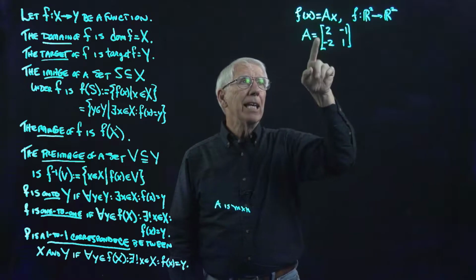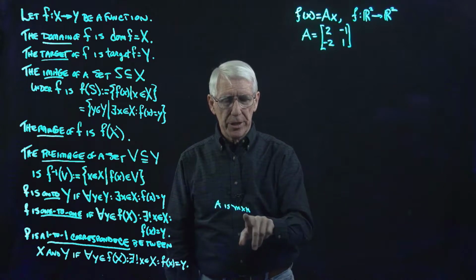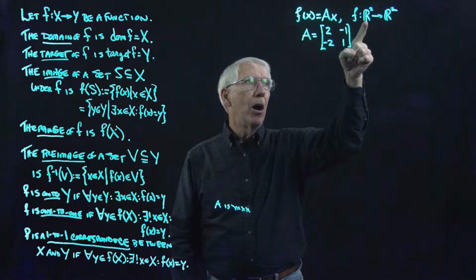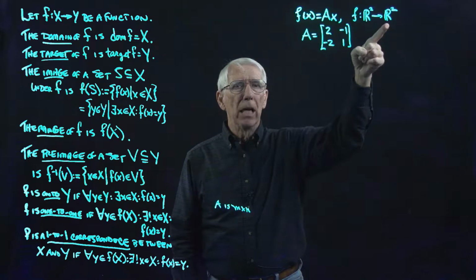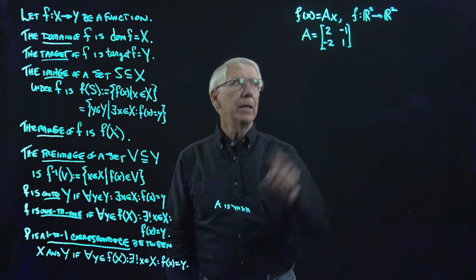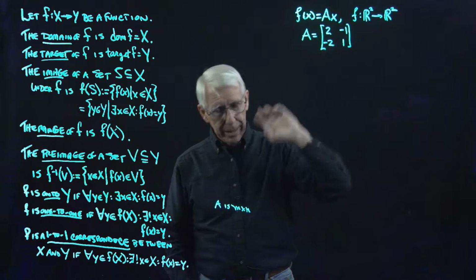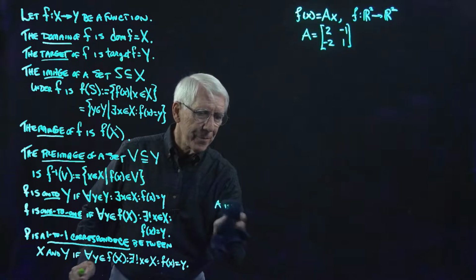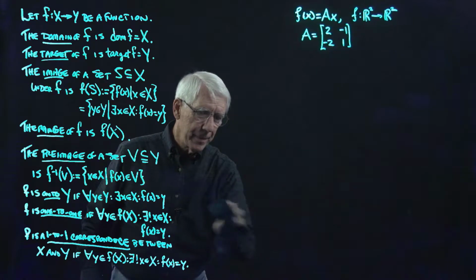So even for non-square matrices that are m by n, we'll be mapping from Rn to Rm in general. And of course, if it's square, n by n, then it'll be from Rn to Rn, here from R2 to R2. Let's take this off. Don't really need it now.